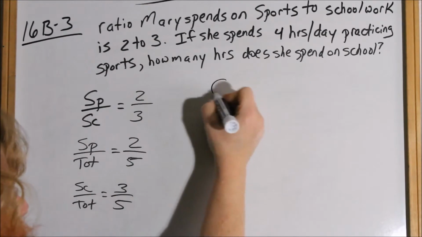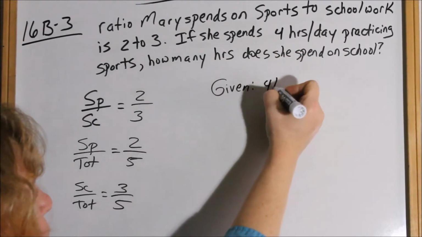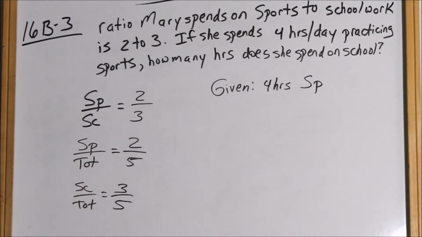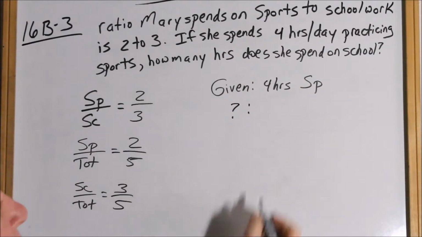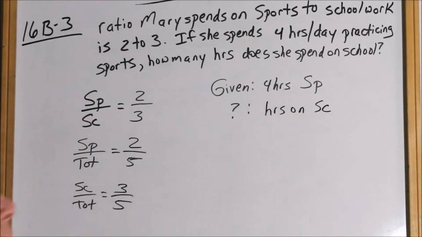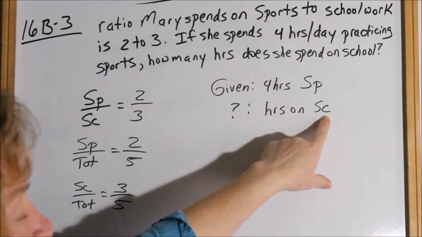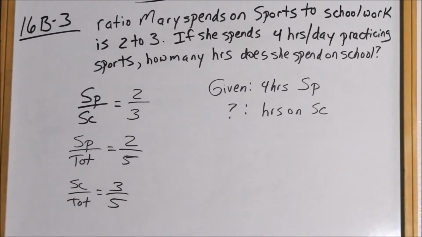What they give in the given, it says she spends 4 hours on sports. Okay, it's practicing sports. Then what do we want to know? The question is, how many hours on school? Since this is the rest of the problem, sports and school, we need to find a ratio over here that we can use to solve the problem.